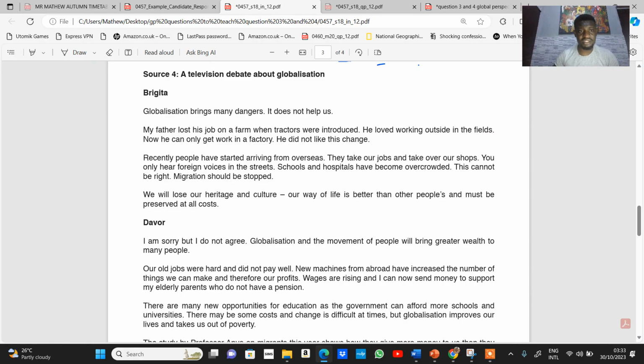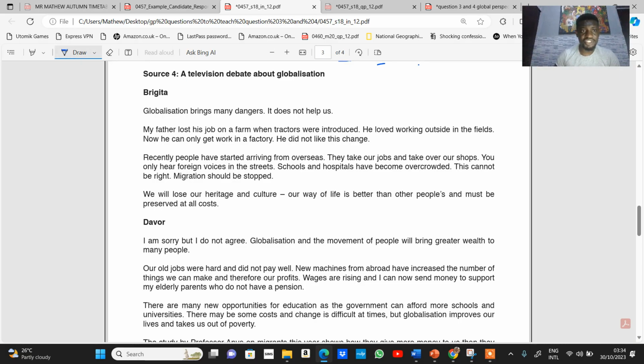So if you look at this, we have the two individuals here in a television debate about globalization. Both of them are talking about globalization. Now, Bridgetta said globalization brings many dangers. It does not help us. So this is her claim.